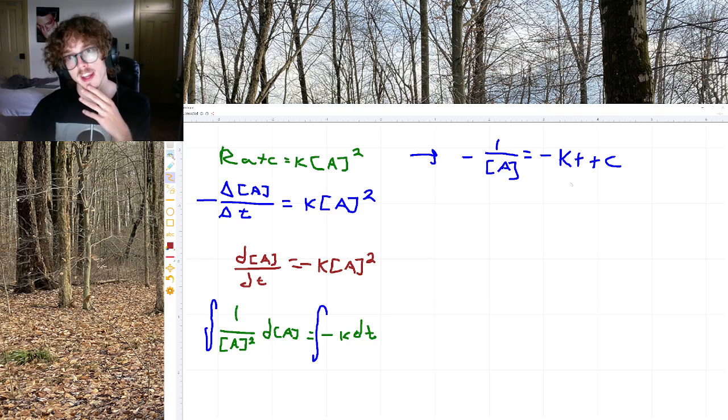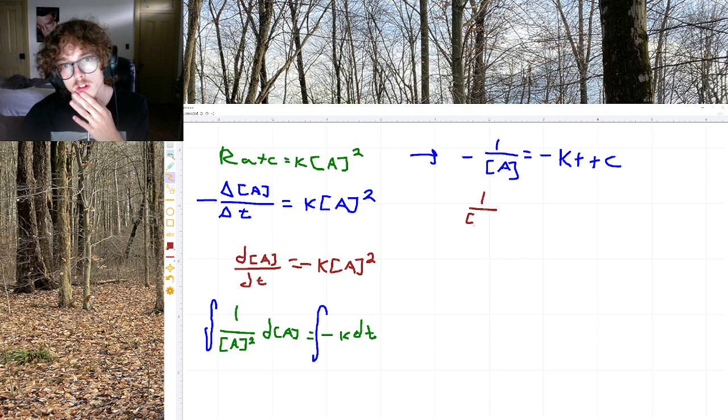Let's go ahead and solve for this. We're going to move that negative over. We get 1 over A equals kt minus C. Sorry, I had a brain fart there. Don't you love when those happen?